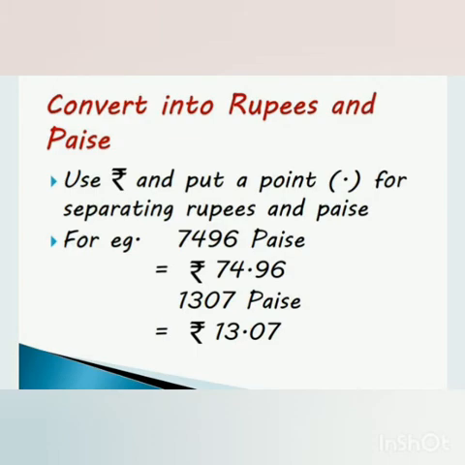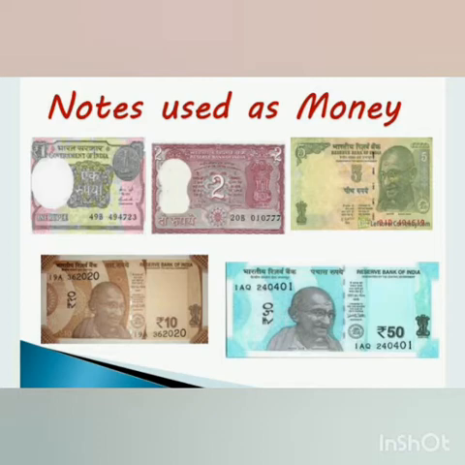Now we are going to convert paise into rupees and paise by using the rupees sign and putting a point for separating rupees and paise. In the given example, 7496 paise. For converting this, we are going to use the rupees sign and put a point, and the answer we get is 74 rupees.96.